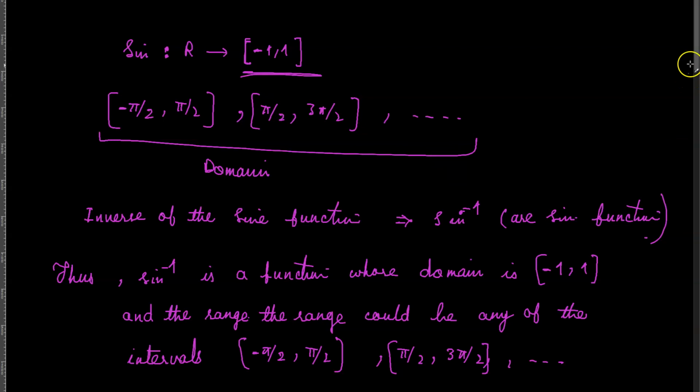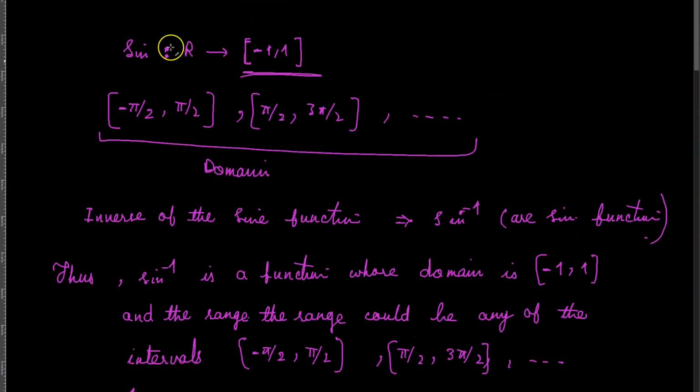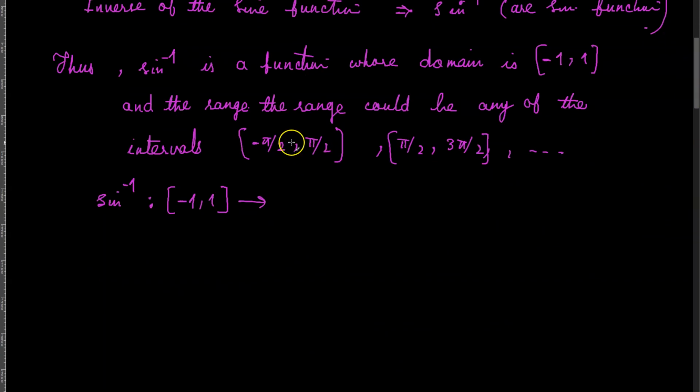So I have to define the sine inverse function as a function from negative 1 to 1, and that cannot go back to R, because if I send it back to R, then I will have the problem that the function is not one-to-one. So I have to pick some interval over which the function is one-to-one. For example, I choose negative π/2 to π/2, right?